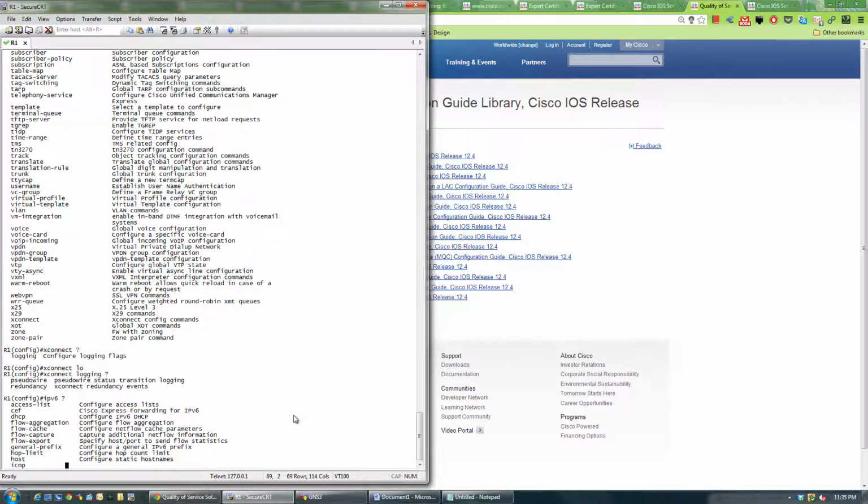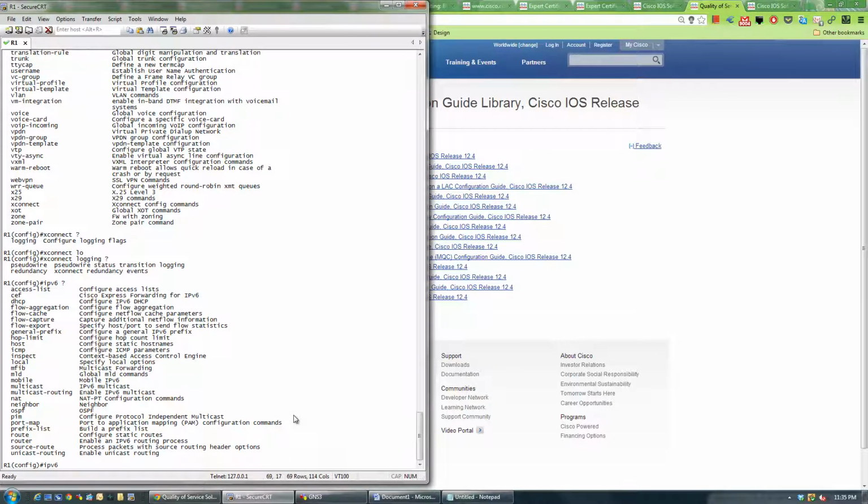IPv6 is like a subset of the IP, if IP is considered a superset. So there we have it. We have to explore the CLI to see where a particular command is placed, what the name of the command is, and whether the command is for the global configuration or for the link. Okay, thank you.